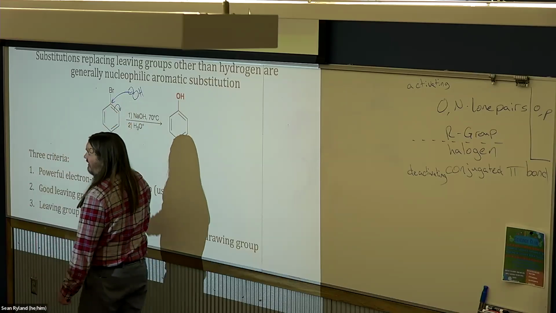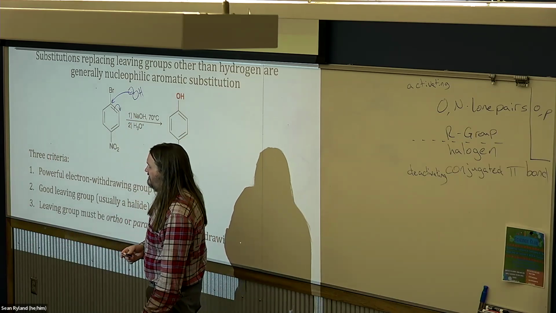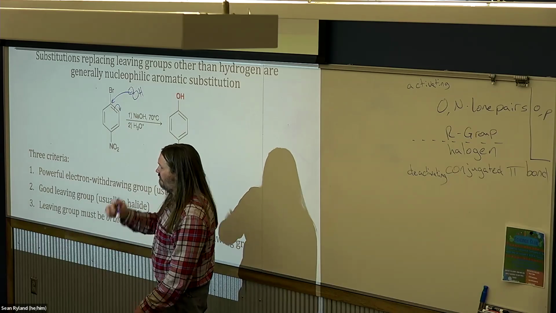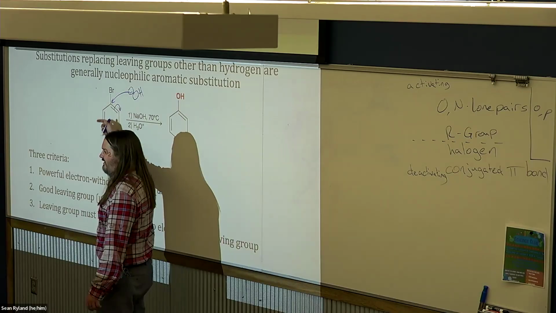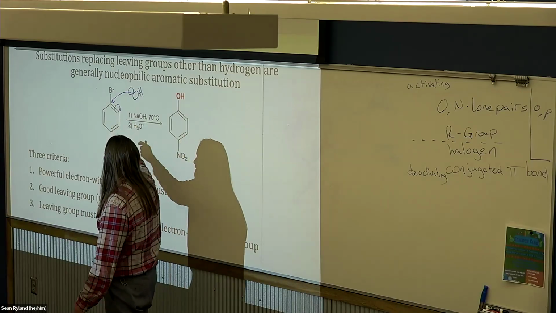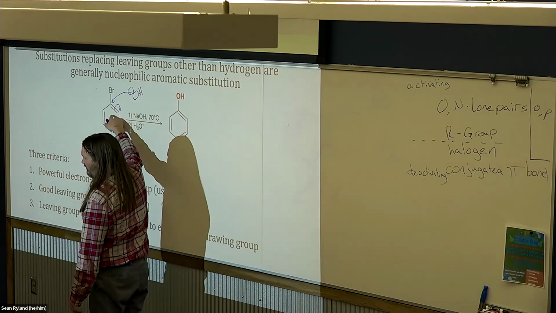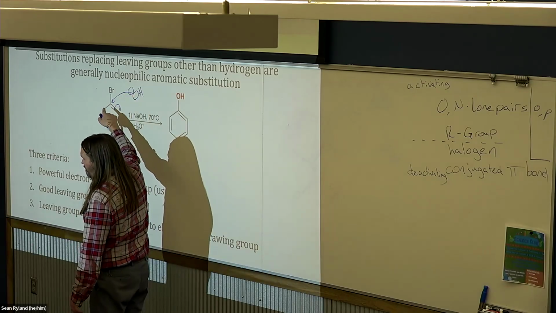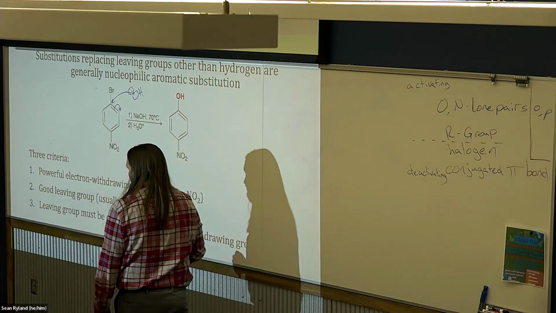So it's going to look kind of like our sigma complex. In our sigma complex, we brought in an electrophile, somebody who was missing electrons, and then we wound up with that resonance structure where we had a positive charge resonating around. Except now we're not bringing an electrophile, we're bringing something with a negative charge. So now it's not going to be a positive charge resonating around the ring, it's going to be a negative charge resonating around the ring.